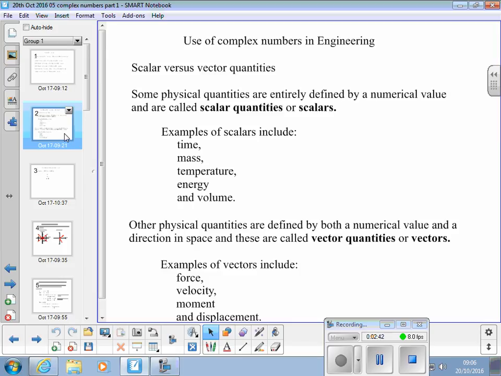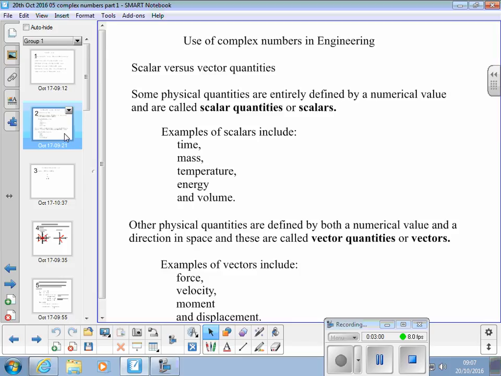So that's what this complex number stuff is all about for engineers. There are other uses of complex numbers, but for engineers it's mainly about the representation of what are called vector quantities or vectors, things that have not only a size but a direction.